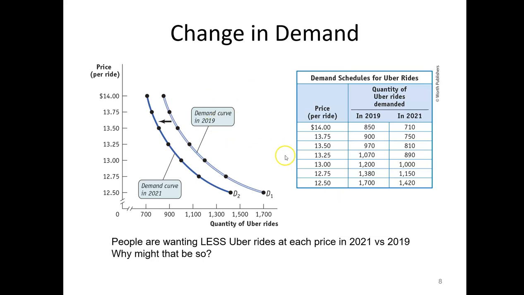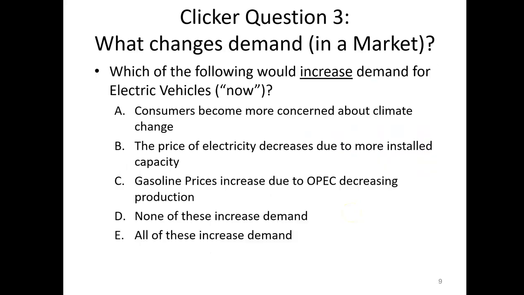So this is a logical example to demonstrate a decrease in demand because there was a decrease in demand for all kinds of things, including the aggregate economy, which is why we had a very deep but short recession when the economy effectively shut down. But we'll talk more about that.